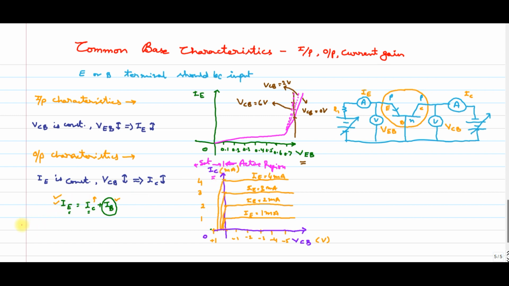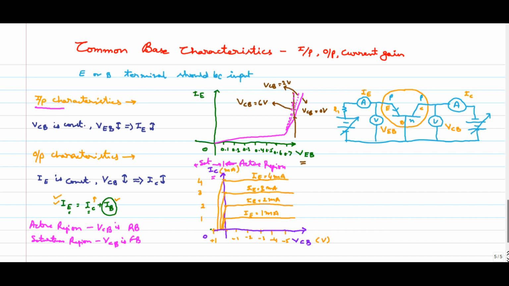So I will write this fact here: in the active region VCB is in reverse bias, and in the saturation region VCB is in forward bias. This is the fact we should learn from these characteristics.